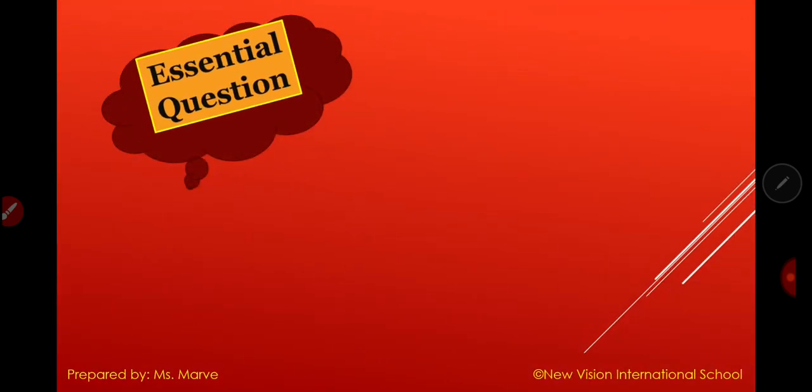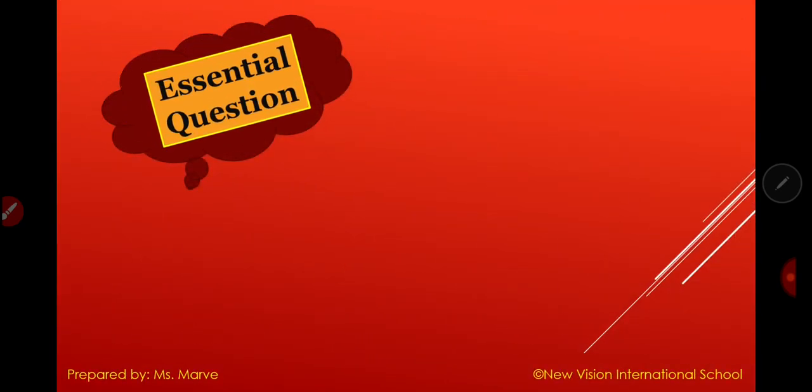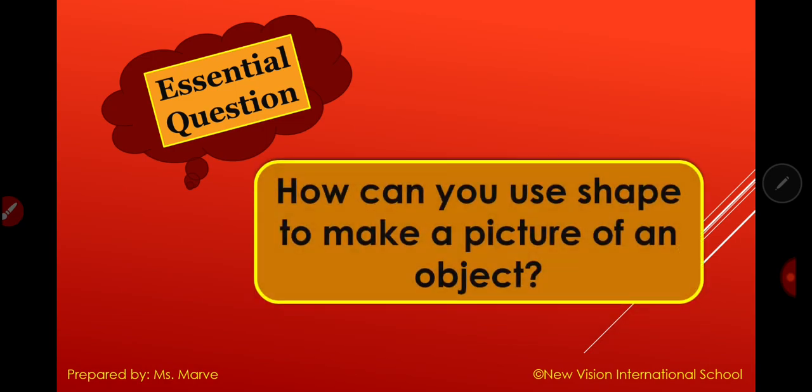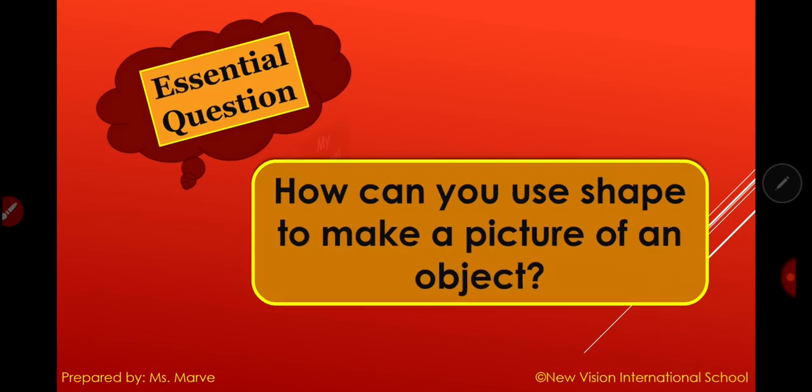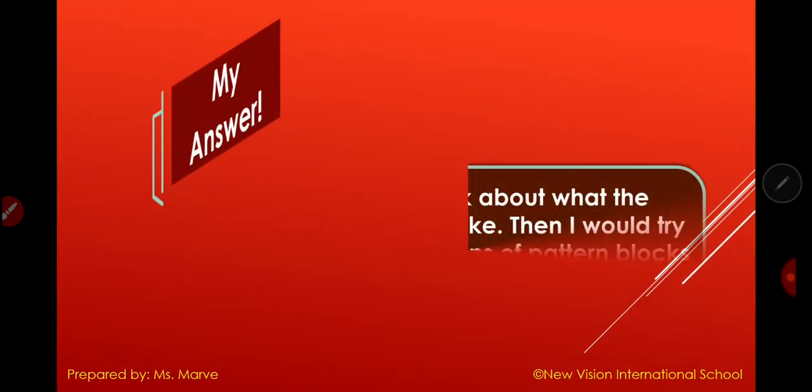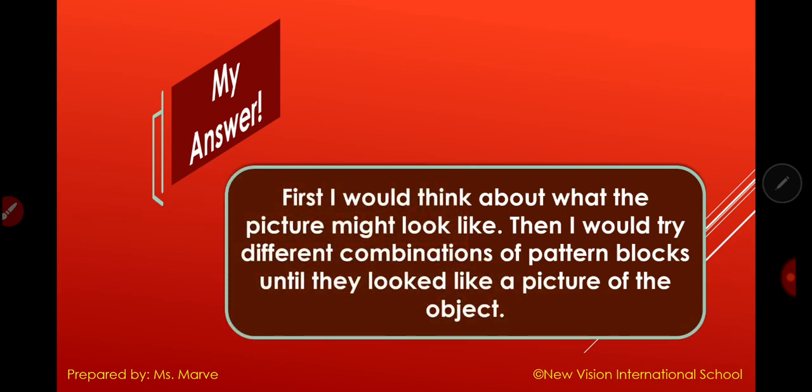Before we end our lesson, let's read together the essential question. How can you use shapes to make a picture of an object? Here's our answer. First, I would think about what the picture might look like.